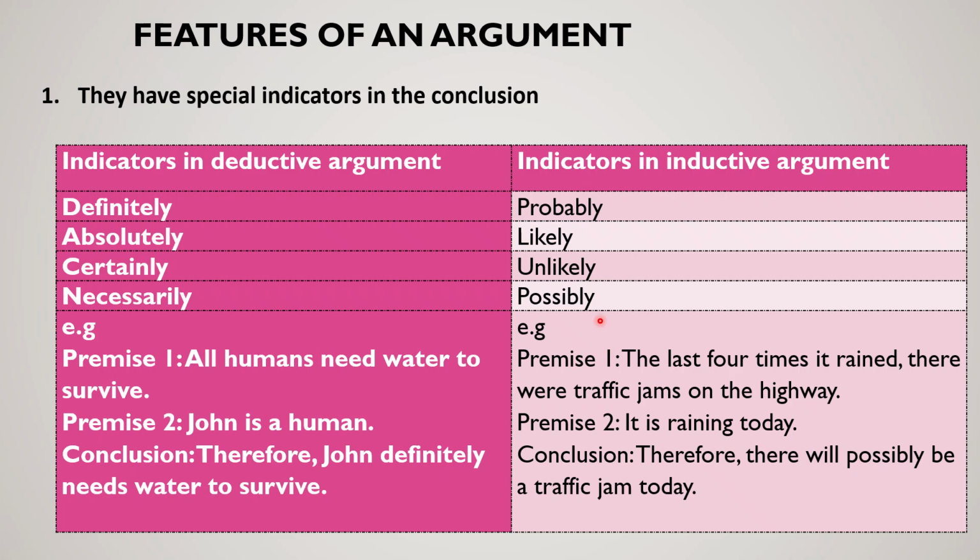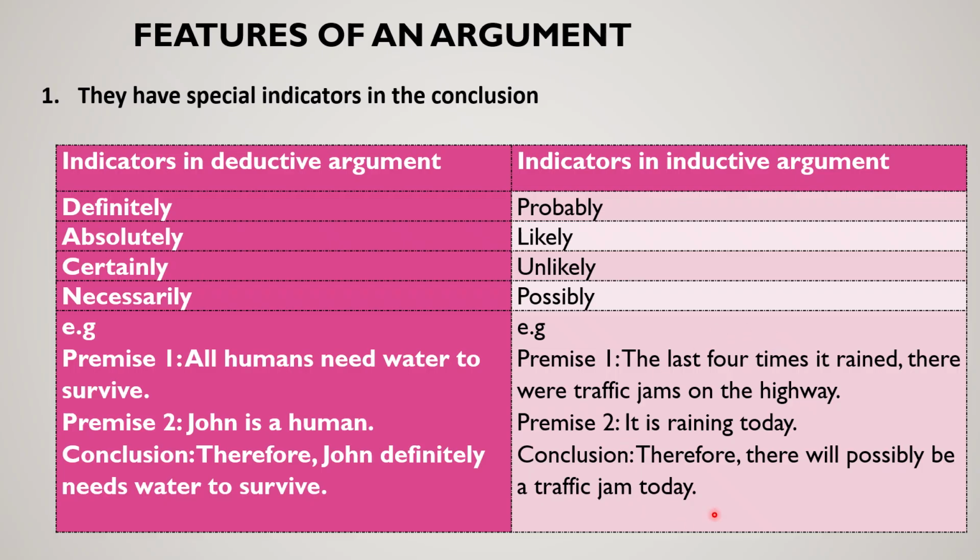For example, when we say the last 4 times it rained, there were traffic jams on the highway, and it is raining today, therefore there is a possibility there will be a traffic jam today.